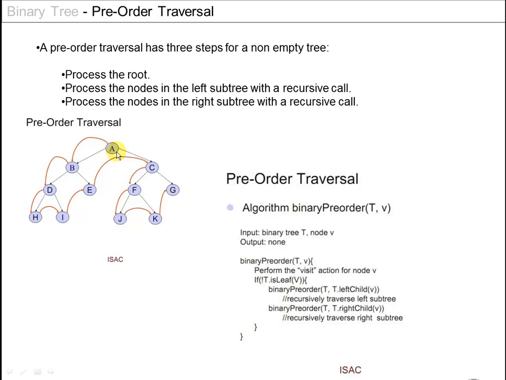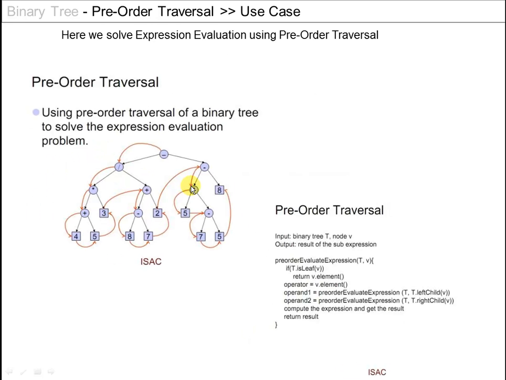So let me just revisit this. Process the root, then go into the subtree. So it goes like this. It always goes left, left, left, left, and then this one. Now pre-order traversal is also used. There is a use case for this.